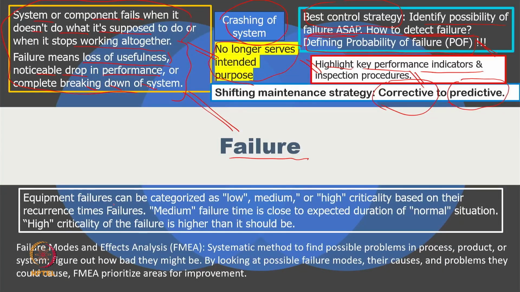Now, as I mentioned about the failure, another thing comes: can I categorize the failure? We are talking about categories. Can I say that there is a low chance of failure, a medium chance of failure, or high chances of failure?